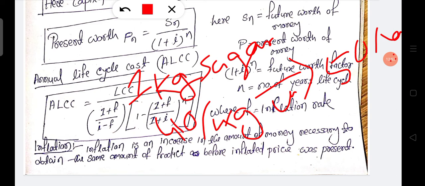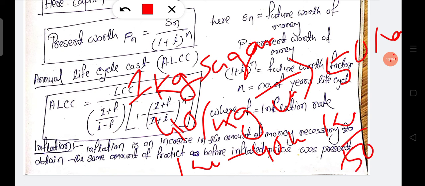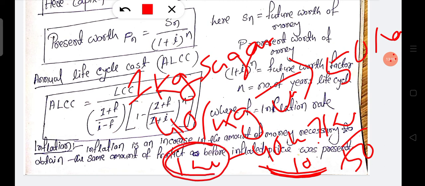So now we can get 1 kg at 40 rupees, but after 10 years we get 1 kg at 50 rupees. So this 10 rupees should be added to the money to get the same 1 kg as before inflation. That means the increase from 40 to 50 is inflated money.